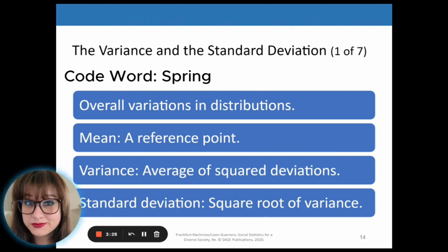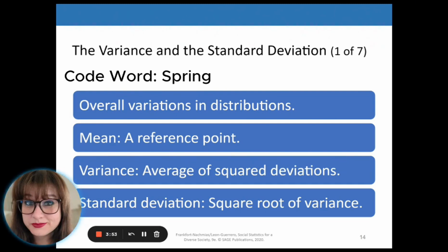Because we want to know what the subject or the topic of our research is. We started talking about measures of central tendency, which is really important because this is where the standard deviation comes in, because we need to know the measurement of that central point of the data, which is specifically the mean in this case. So we're using the mean as a reference point right now, not so much as an average in the same way.